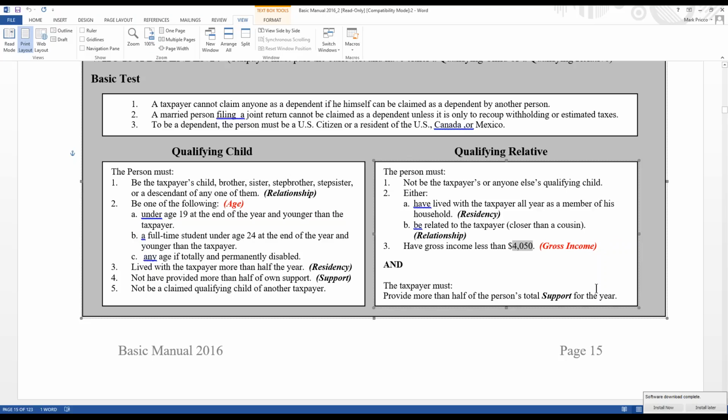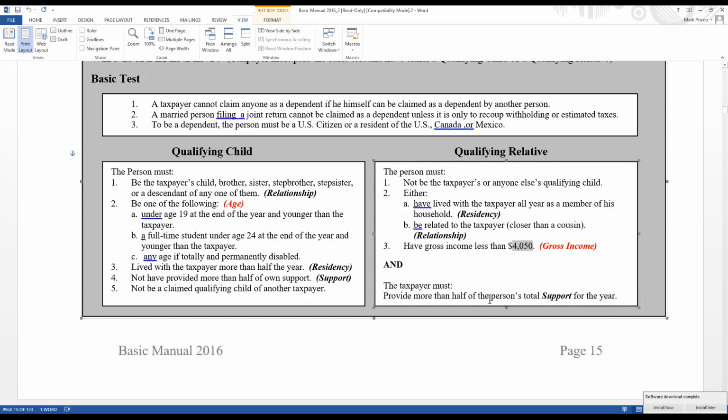So the tests are, they either have to live with them the entire year, or be related to them, and their income has to be less than $4,050, and the taxpayer or the taxpayer and spouse have to provide more than half of their support. So this is a little different than here. Over on this side, it says the child, the dependent, is not supporting themselves.